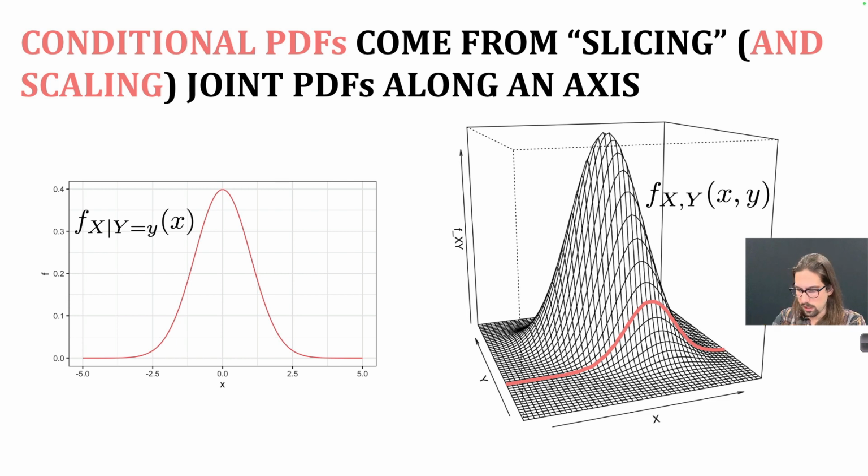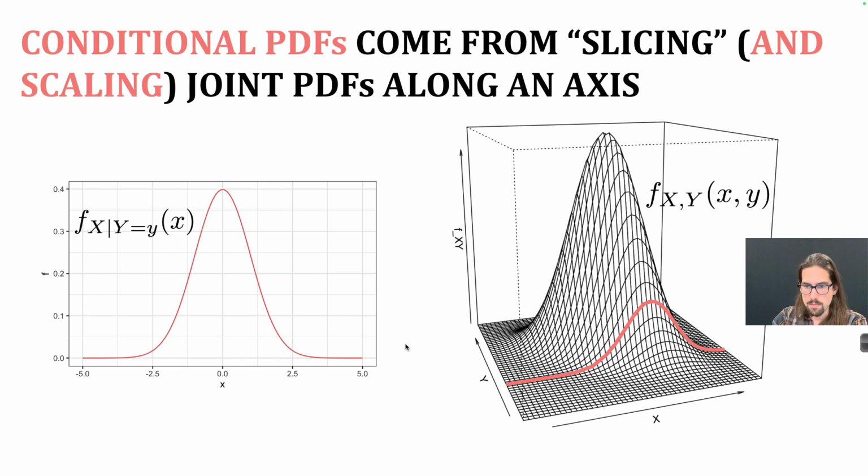Of course, they can also exist for continuous random variables, and it's the same intuition. If what you're doing for a discrete random variable is just taking all the values of the joint density along a particular place, like along an axis, and then scaling them all up by the same number, that's the same thing that we're doing here.